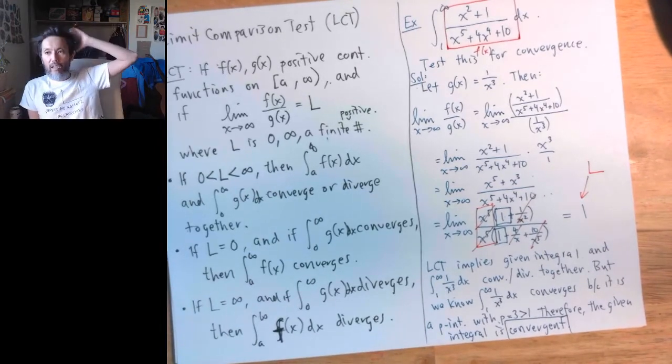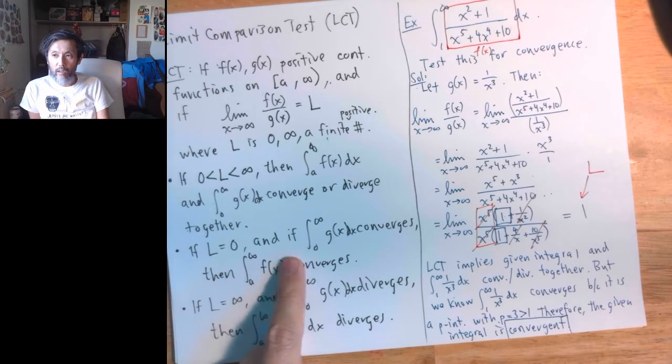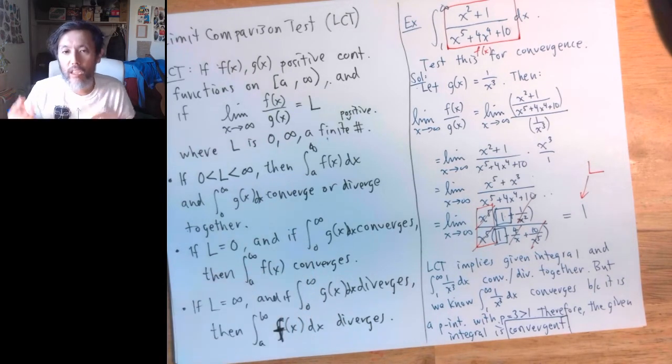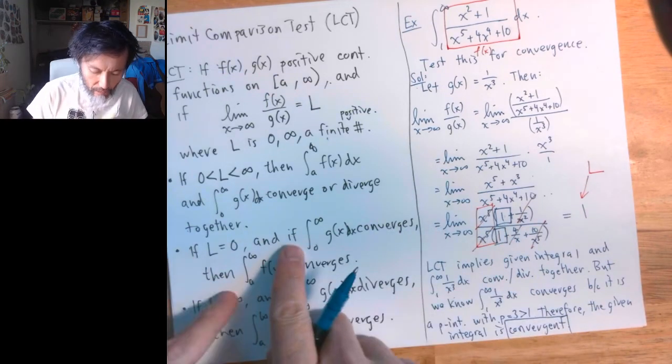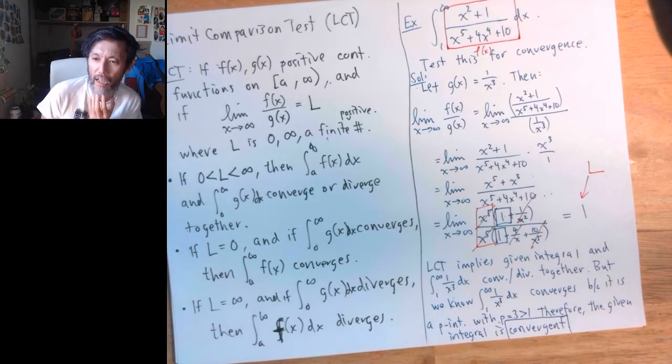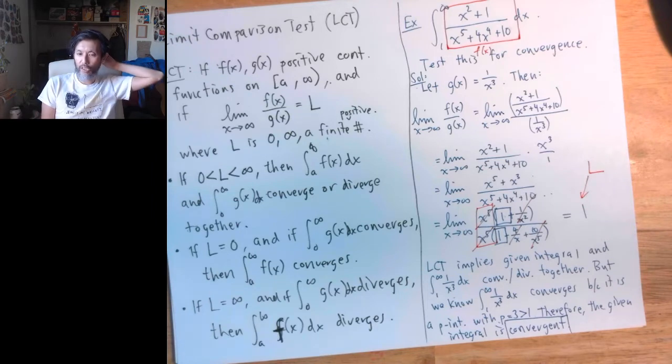Somebody asks, what if L is equal to 0, and the integral diverges? Then you can make no conclusion. Because this is an if-then, and maybe this is useful. I usually try to talk a lot with my Calc 1 students about if-then statements just because they're so fundamental to our world.